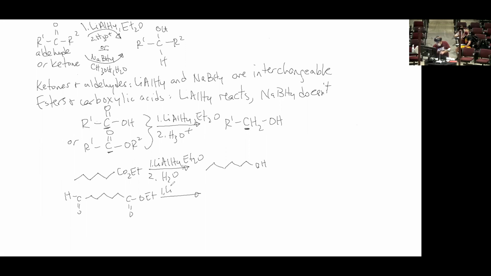And you can take advantage of this difference in reactivity. Let's say that we altered this compound slightly so that in the other end, we had an aldehyde functional group. Just as an example. Well, if we treated this with lithium aluminum hydride, it would hit both those functional groups.